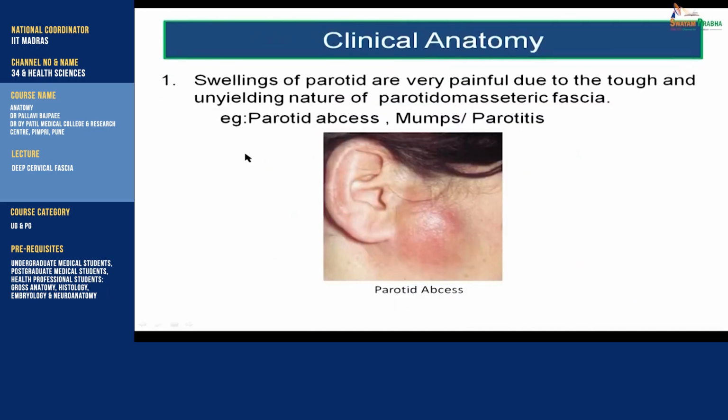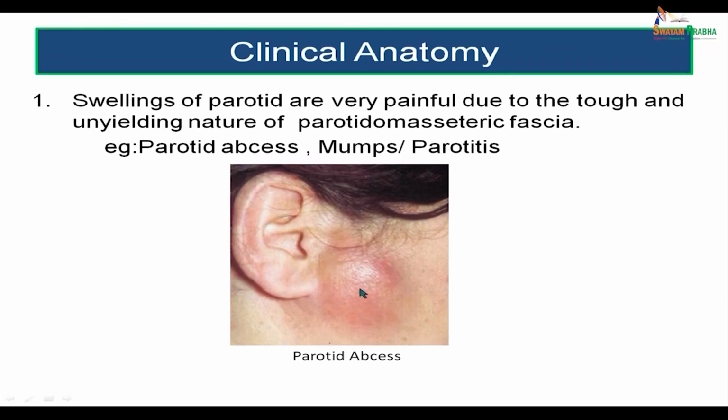So, now we come to understanding the clinical anatomy. The same picture. This is a picture showing a swelling in the region of the parotid gland just anterior and inferior to the ear. We can see it is red and swollen. It is extremely painful. So, now we can understand why swellings of the parotid are painful.